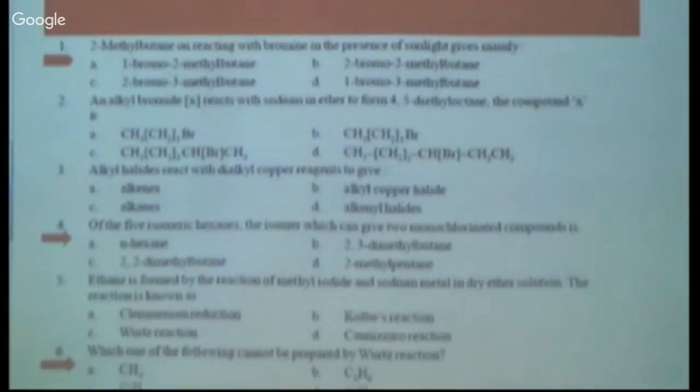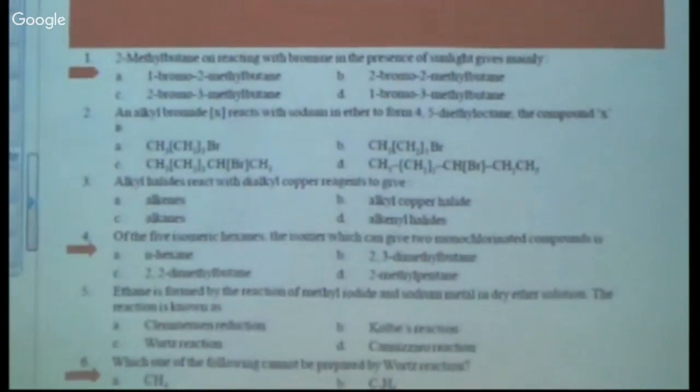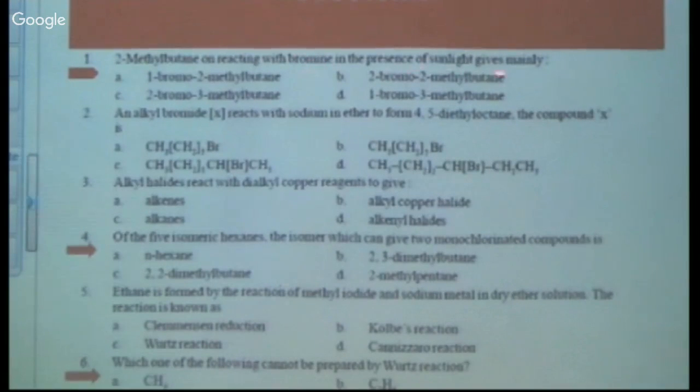So please focus on the first question. It says 2-methyl butane reacts with bromine in presence of sunlight. Please see what will happen when 2-methyl butane.